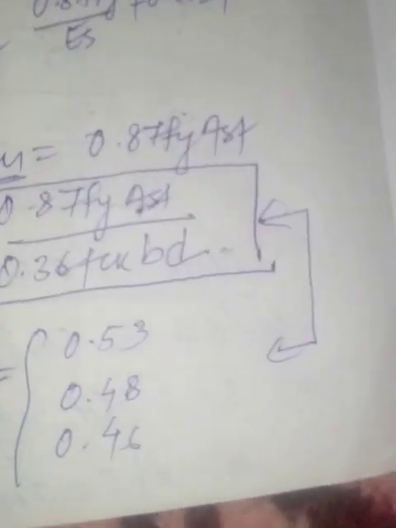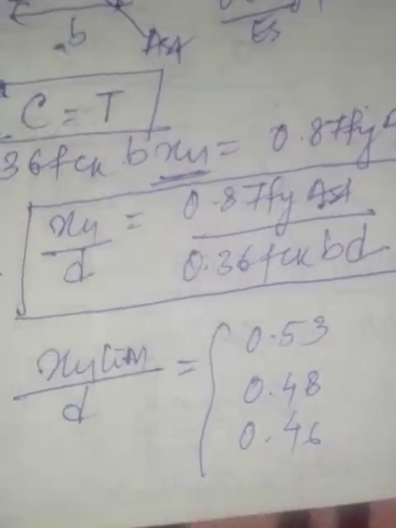And from these two, at first from the given section we will find out XU ratio D, and from the codal provision we will find out XU limiting ratio D. And from these two values we will check what is the relation between XU and XU limiting.